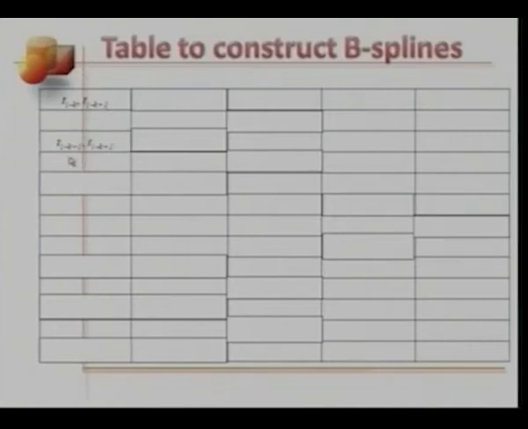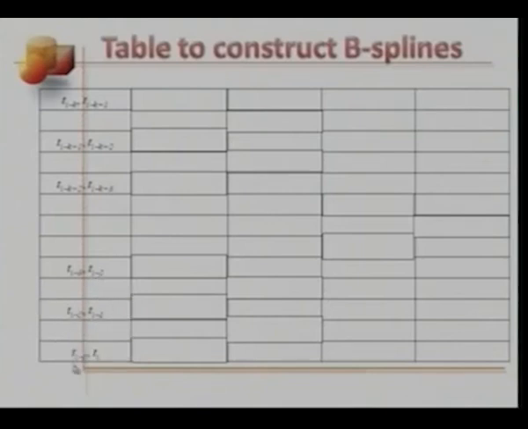The second knot span, t_{i-k+1} to t_{i-k+2}. The third one, t_{i-k+2} to t_{i-k+3}. The fourth, the fifth, and so on, up till this one here, t_{i-3} to t_{i-2}, and then t_{i-2} to t_{i-1}, and finally t_{i-1} to t_i.